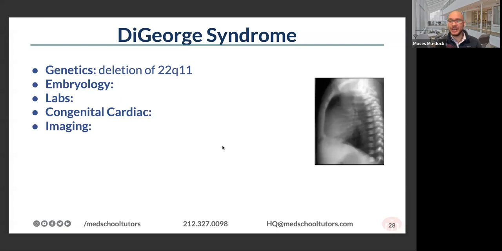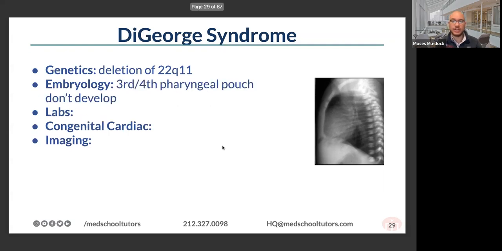And some folks are already getting ahead of me, but what embryological defect is at the root of the DiGeorge syndrome? And I see a vote for third pharyngeal pouch. I see a vote for third and fourth pharyngeal pouch. Yeah, so the third and fourth pharyngeal pouches don't develop, and that's the embryological correlate.